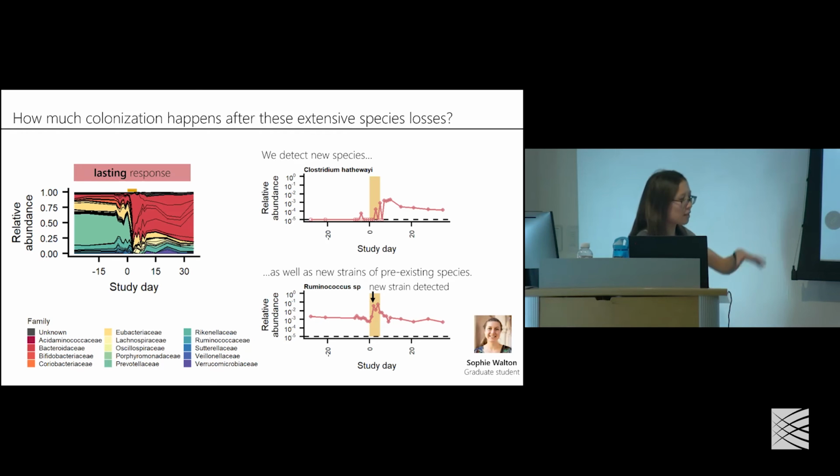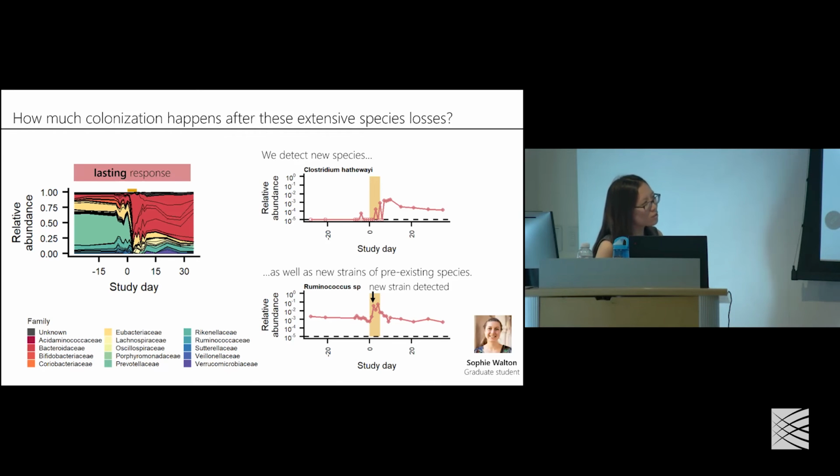And so here, as in the example that I mentioned in the primer, we have a stable species abundance, but then we see a shift and the detection of a new strain after antibiotics. That's some very nice work by Sophie Walton, who's a grad student in the Good and the Petrov labs. And so overall, we do see this increase in colonization in these subjects that we don't see in subjects with transient response.